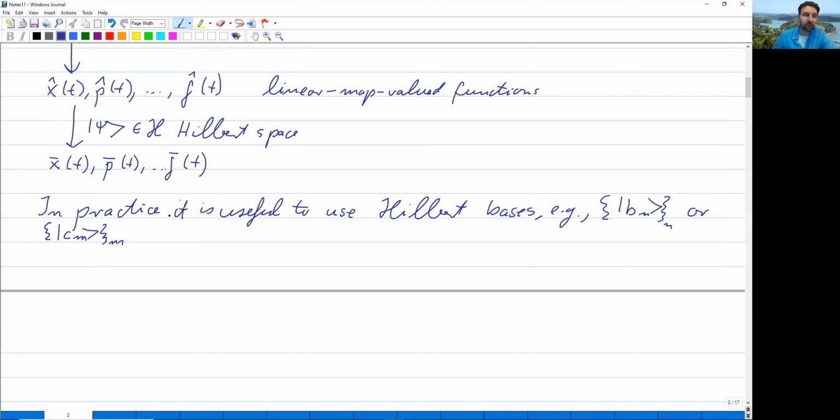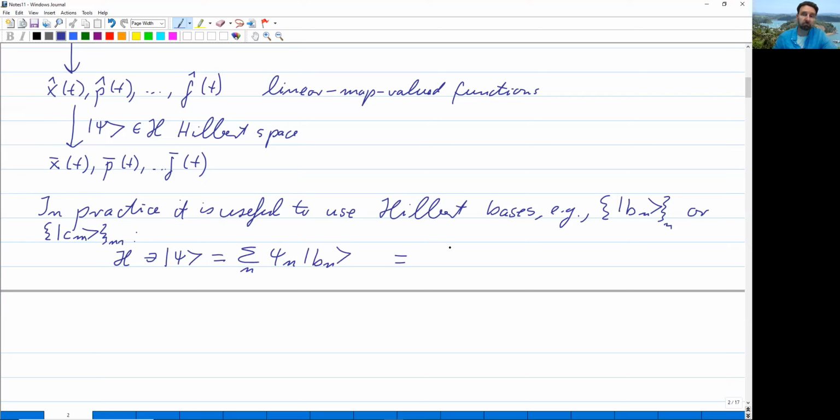So we can choose any one of these bases, and this is the point of having Hilbert bases: if the Bn and the Cm are Hilbert bases, then any vector psi in the Hilbert space can be written uniquely as the sum over n of coefficients psi n times the basis vectors Bn.